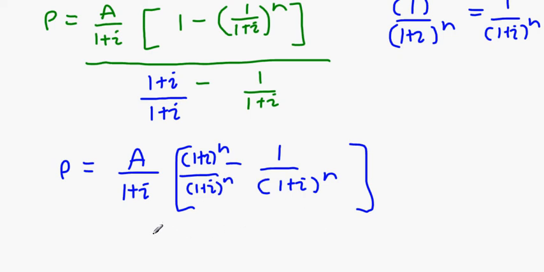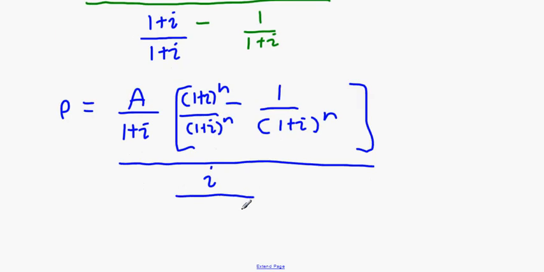And then this is all going to be over 1 minus 1 over 1 plus I, and 1 minus 1 is 0, so it's going to be I over 1 plus I. Now remember, when you're dividing by fractions, you can move the fraction to the top and turn it upside down.